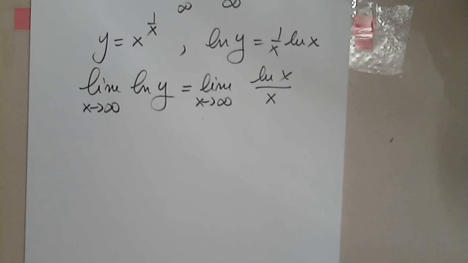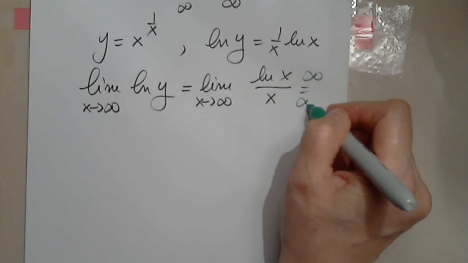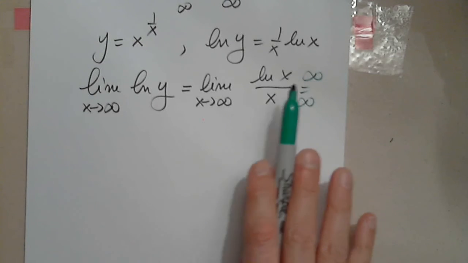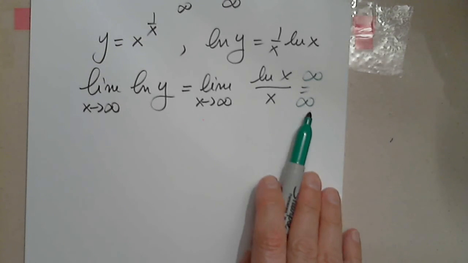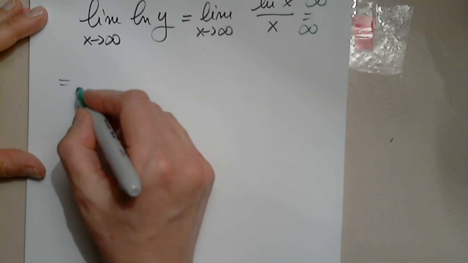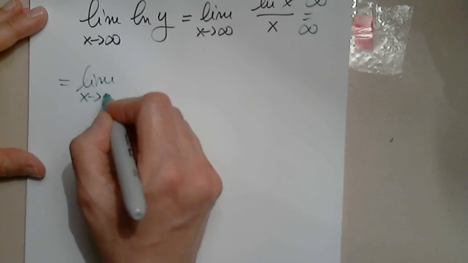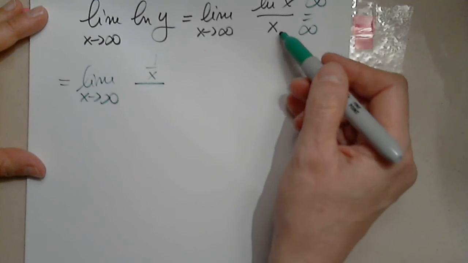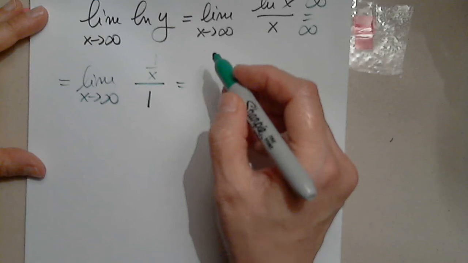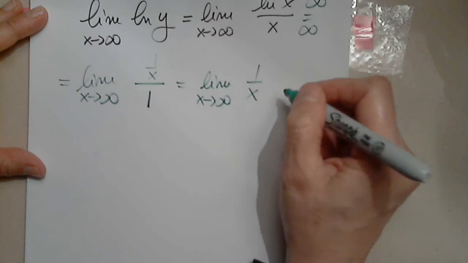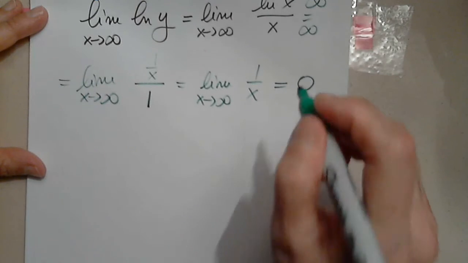This is really so nice that I don't even have to do anything. As x approaches infinity, natural log approaches infinity. As x approaches infinity, the denominator approaches infinity. Done. L'Hopital's rule. Limit as x approaches infinity. The top prime, the denominator. So this is limit of 1 over x as x approaches infinity, and we know that this is 0.